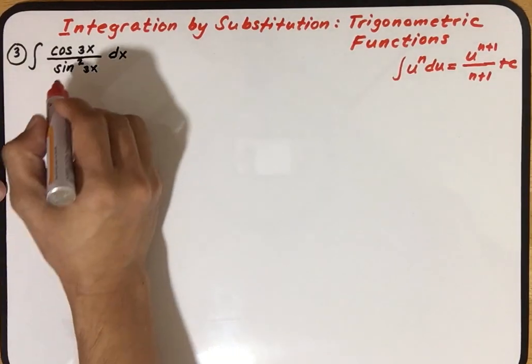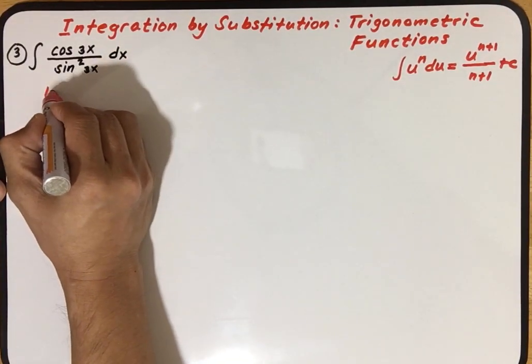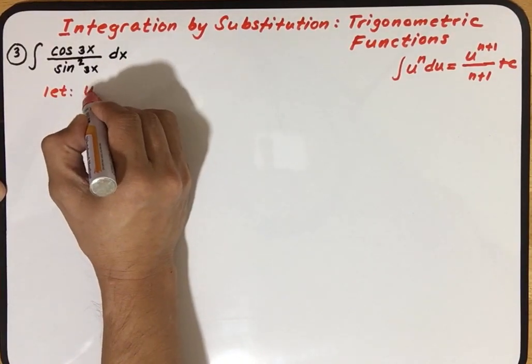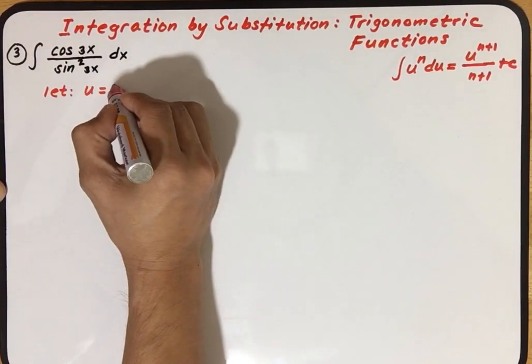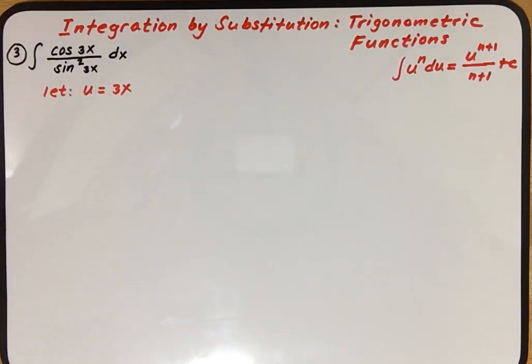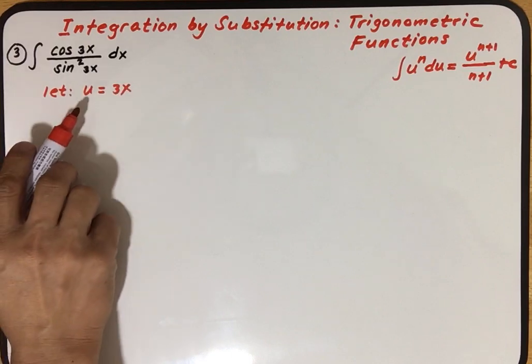So from the given, we can let u be equal to 3x. Okay, so if we let u equal to 3x, then we can solve for dx from this.